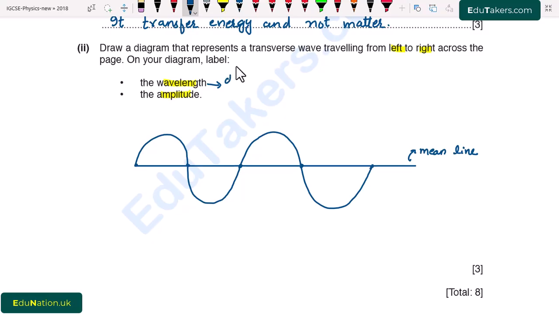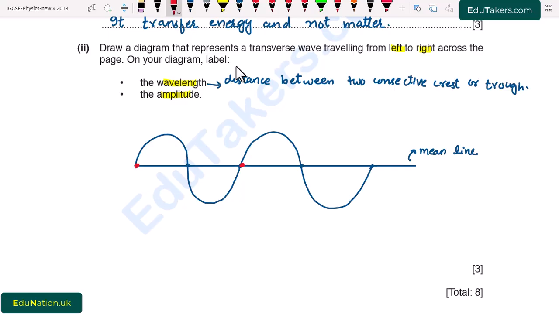I write here distance between two consecutive crust or trough. So the crust start from this point and second start from this point.